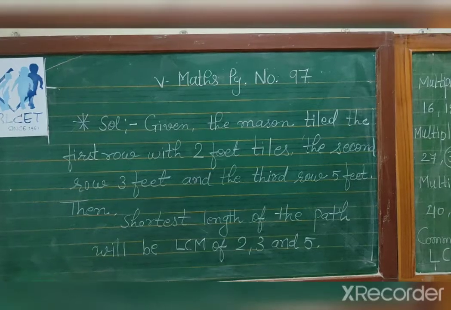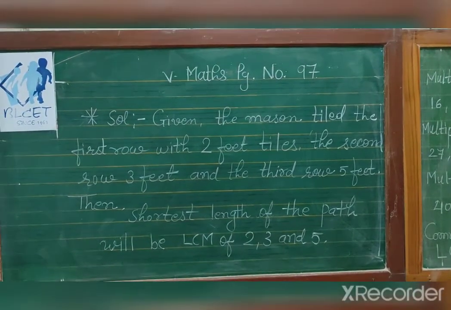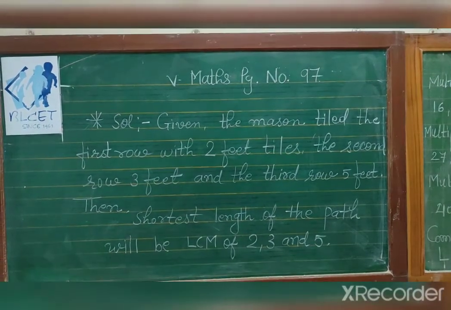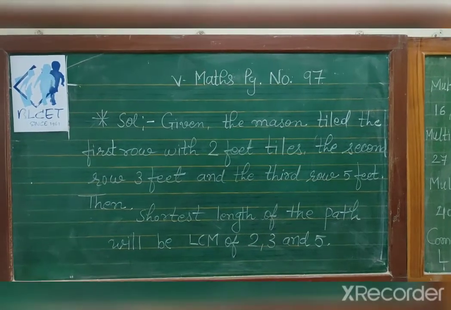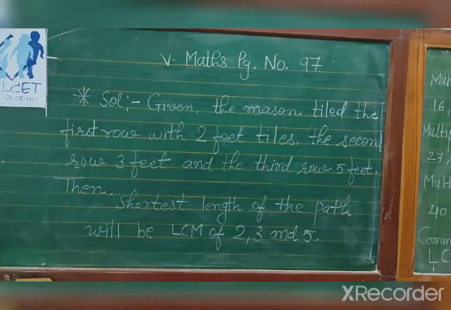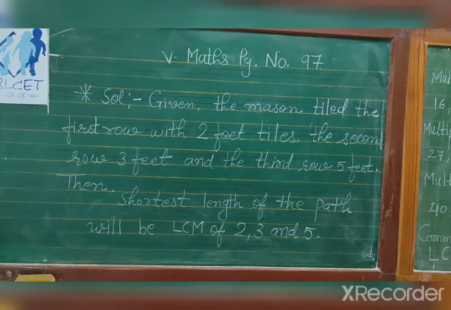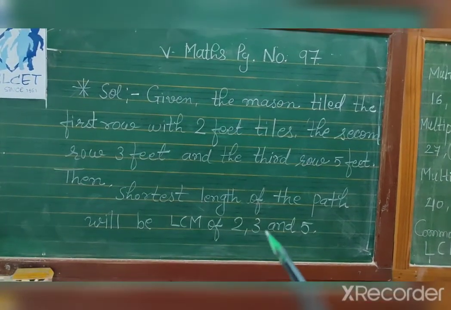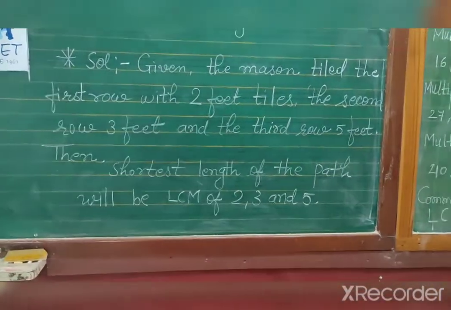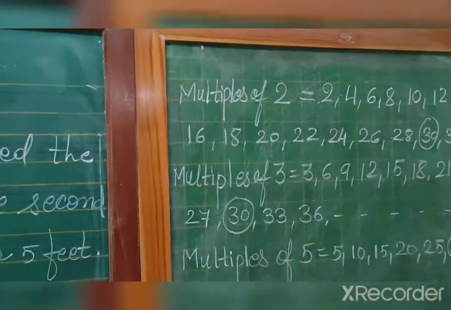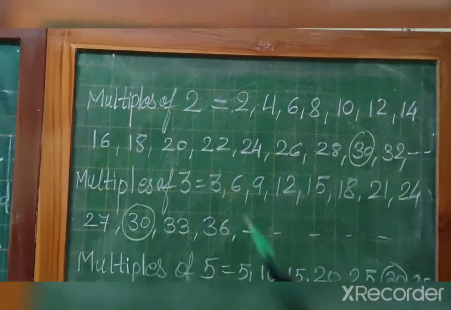Given the mason tiled the first row with 2 feet tiles, the second row 3 feet and the third row 5 feet, the shortest length of the path will be the LCM of 2, 3 and 5. Okay, for the LCM, what will we do? First we will write multiples of 2.